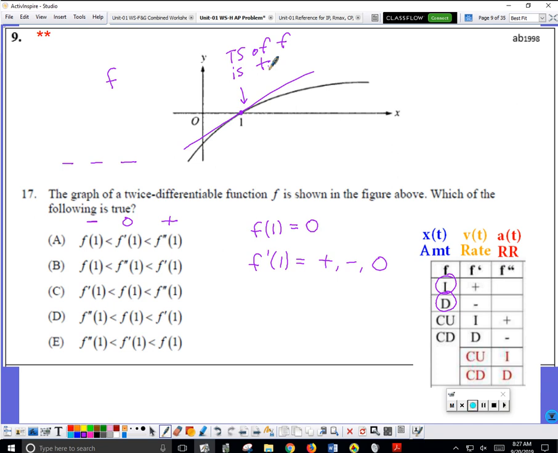Okay, the big idea here is illustrated in Danica's chart. And this does show up in multiple AP questions. Answer this question. What characteristic of f always tells you something about f prime? Just hands, come on.